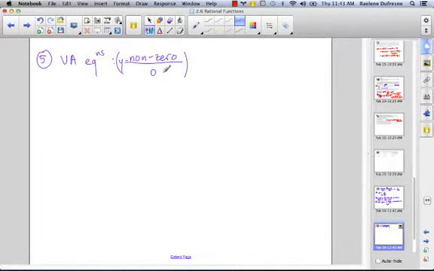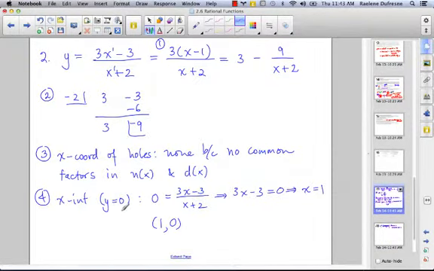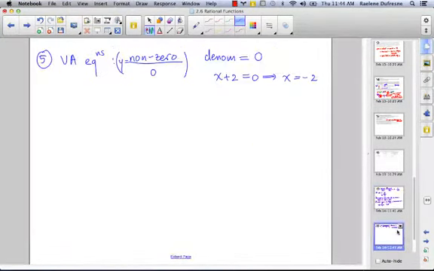So the only way for y to be undefined is if the denominator only is equal to 0. So the denominator equal to 0 tells us that x plus 2 equals 0, and therefore we have a vertical asymptote at x equal to negative 2. I'm just going to write here that this is equivalent to saying that to get an x-intercept the numerator only equals 0, whereas to get holes, both the numerator and the denominator would equal 0.